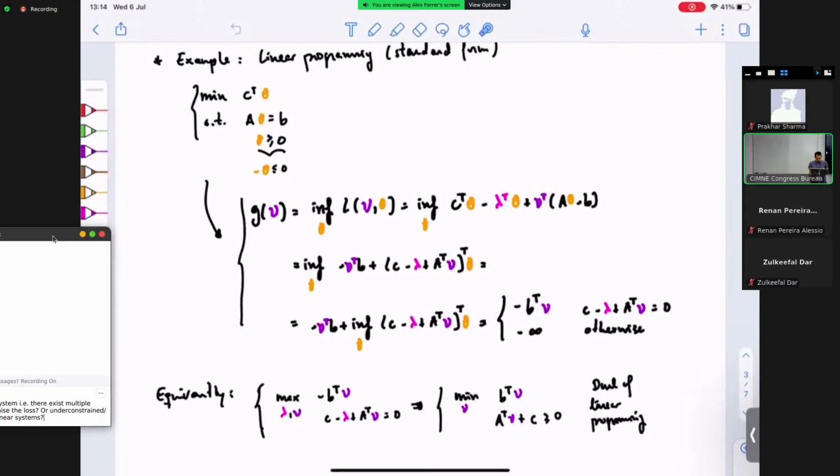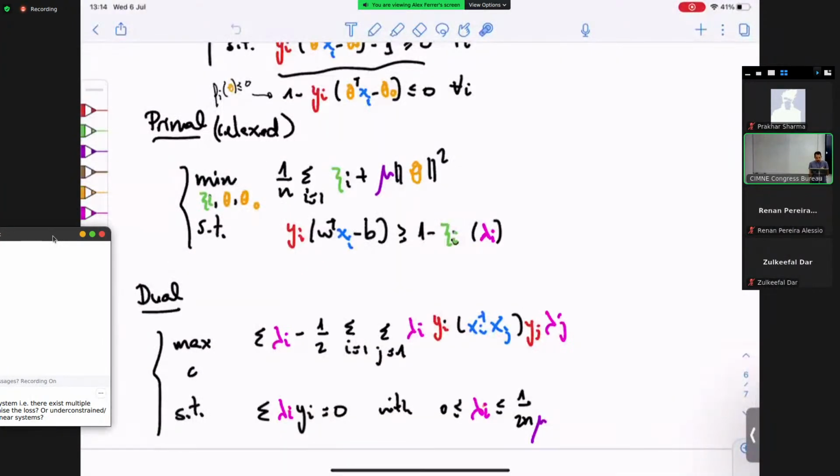So at the end, a problem with inequalities becomes also inequalities, these constraints go here, and what was here is now in the cost. The primal you can solve, but you can also solve the dual. And usually people solving support vector machines solve the dual, because it's quadratic.